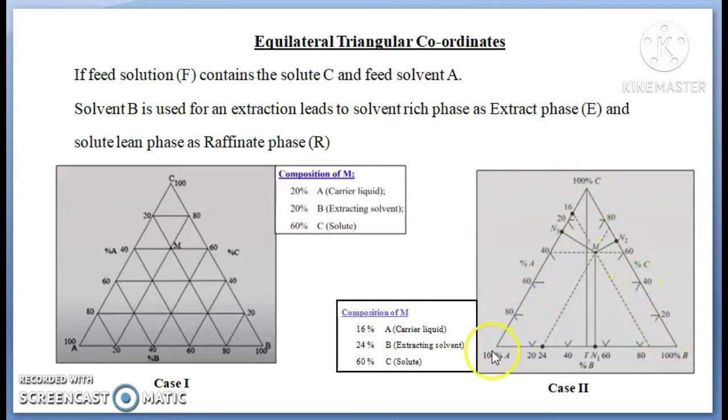Here AC indicates the composition of A and C, whereas AB indicates the composition of A and B only, and the side BC gives you the concentration of B and C only, where A is absent.